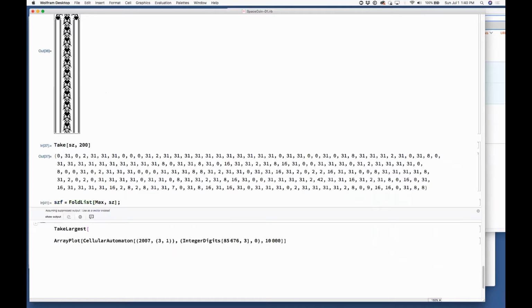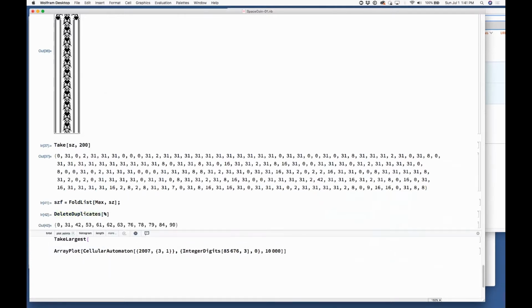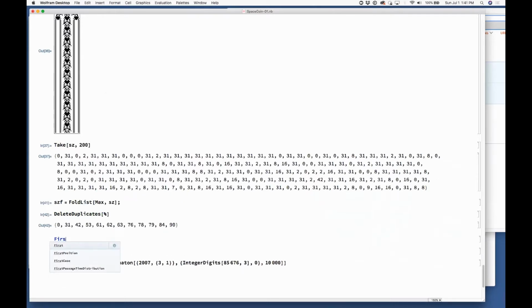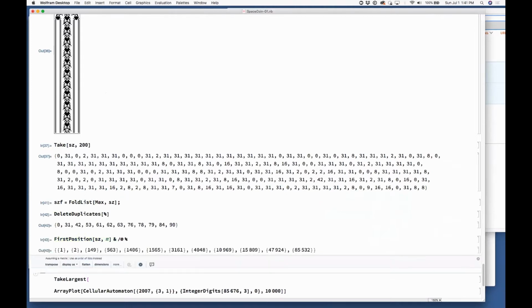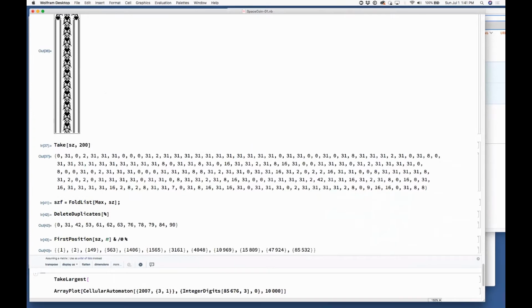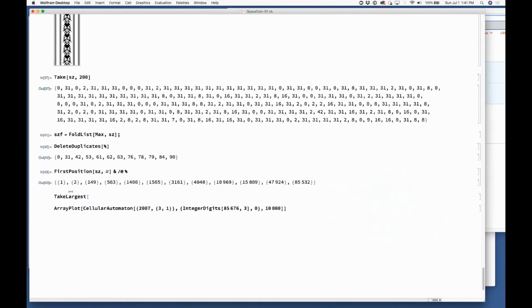Now that will give us the maximum so far. And now if we delete duplicates of that, that will give us the running maxima so far. And so what we want is the first position in SC of each of those things. Okay, so that gives us the first places where we get bigger creatures than we've ever had before.